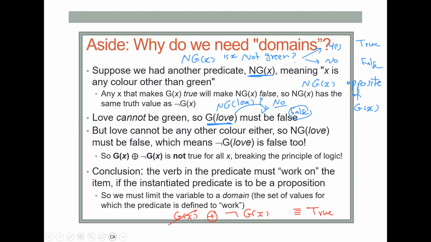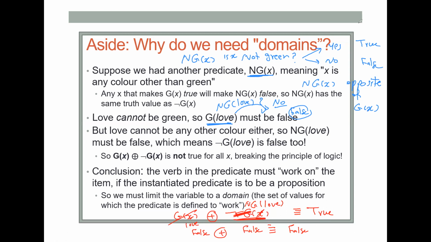Now G of love is false, and NG of X, substituting X equal to love, is also false. So the exclusive OR between false and false gives false. So how come this is a propositional logic? It's not.